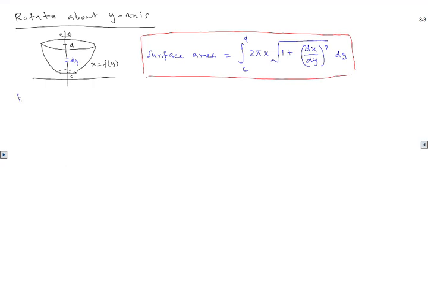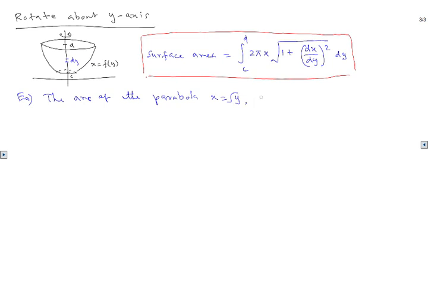So let's do, so we can say the arc of the parabola x equal square root y.